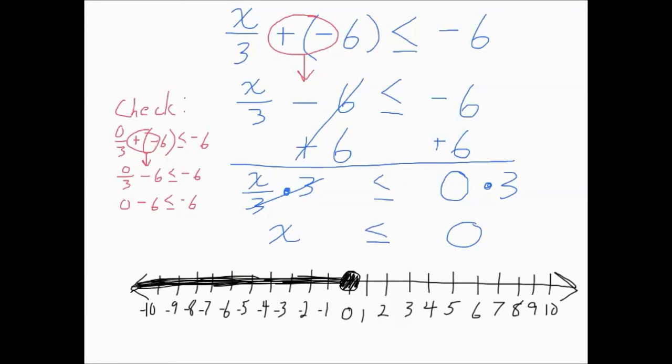So finally we have negative 6 is less than or equal to negative 6. Is that true? Yes, it is true. Because we have this part over here. So negative 6, it's not less than negative 6, but it is equal to negative 6. So yes, this does work.